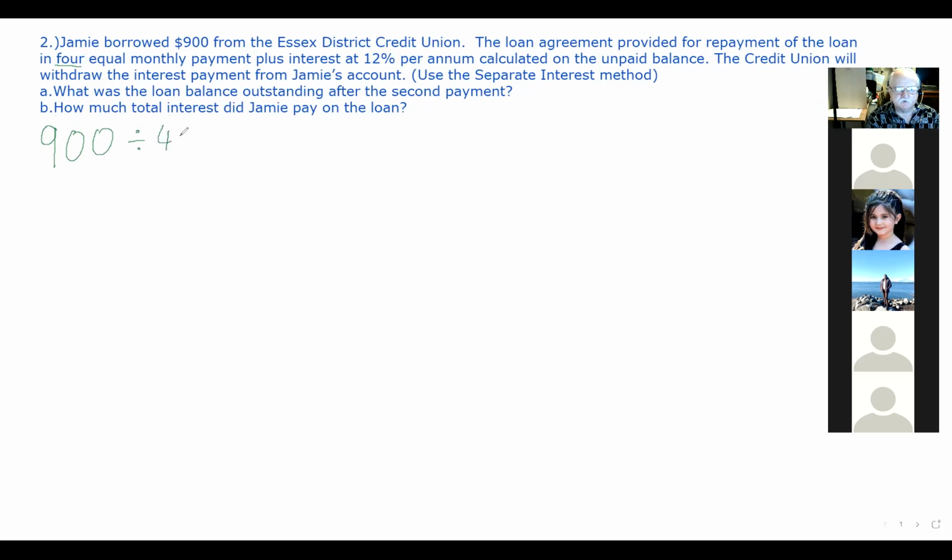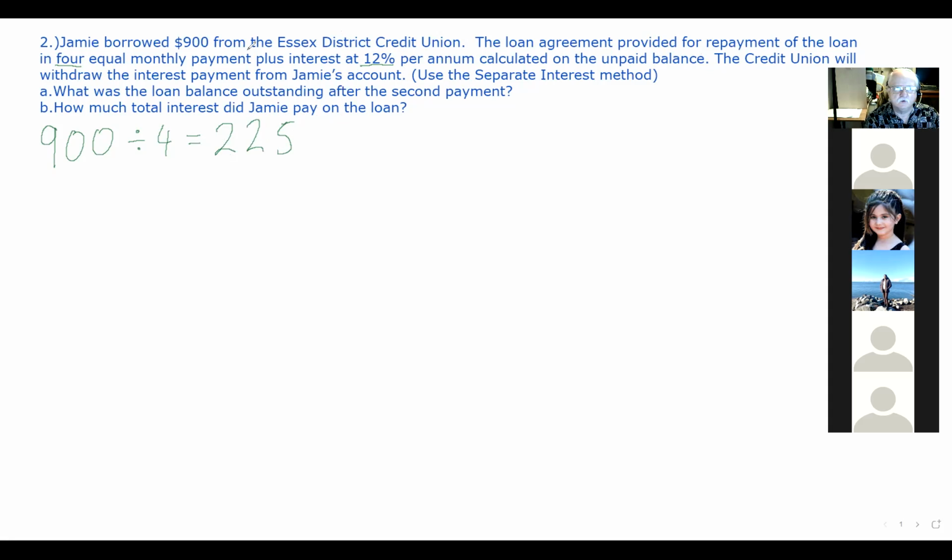So divided by 4 equals, what is 900 divided by 4? $225 sounds good. So they're going to make payments of $225 every month. And every month, the bank is going to collect interest of 12% calculated on the unpaid balance.